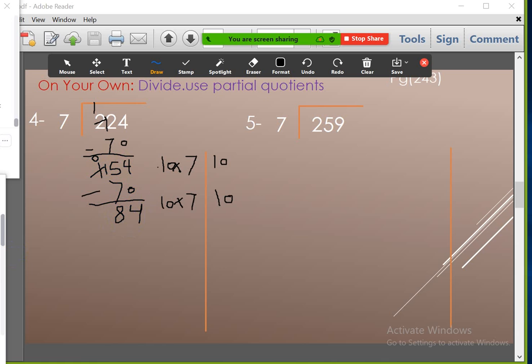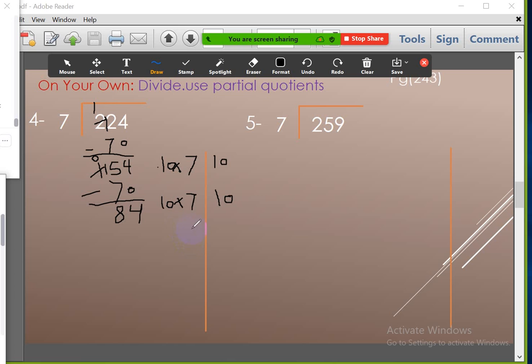Thank you, Zain. Let's continue with Bisan. Now can I divide 84 by 7? No? Look, 84 is greater than 7. That means I can divide it by 7.